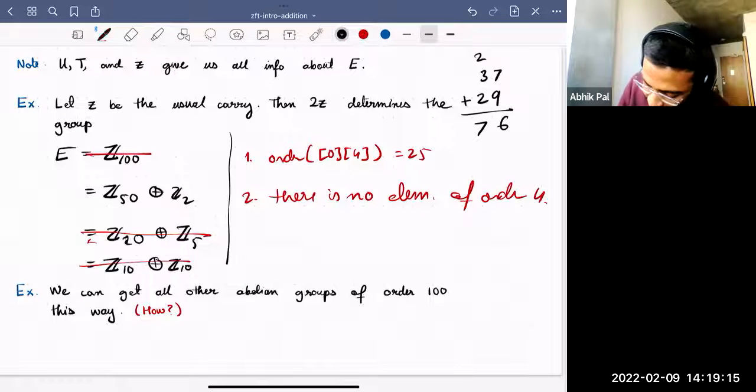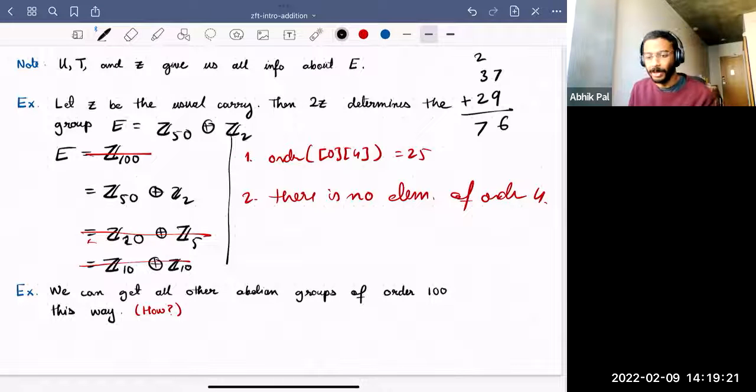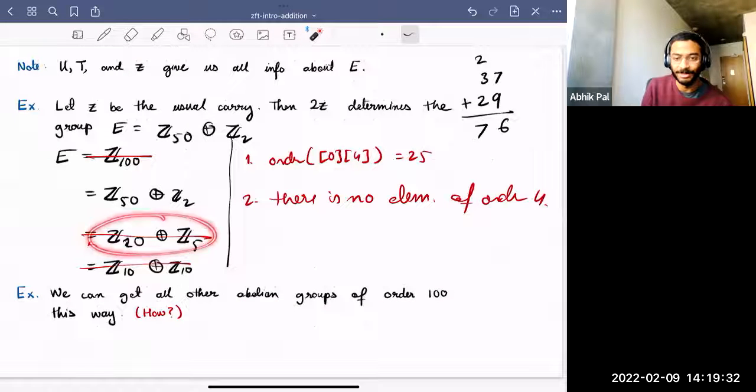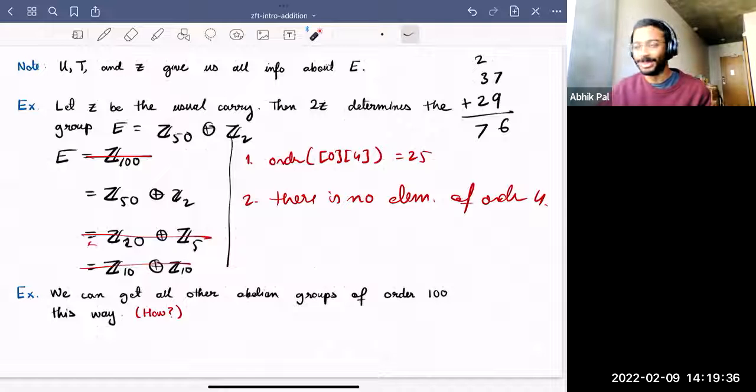The group that I get with this carry operation is the group Z mod 50 plus Z mod 2. And as an exercise, you can convince yourself that you can get all the abelian groups of order 100. So try to figure out the carry function that gives you this group and the carry function that gives you this other group.